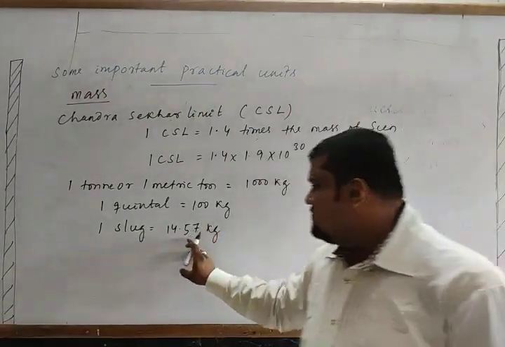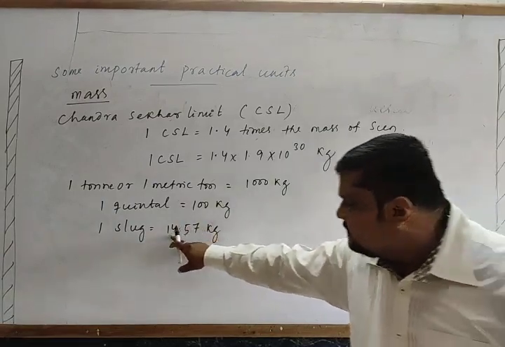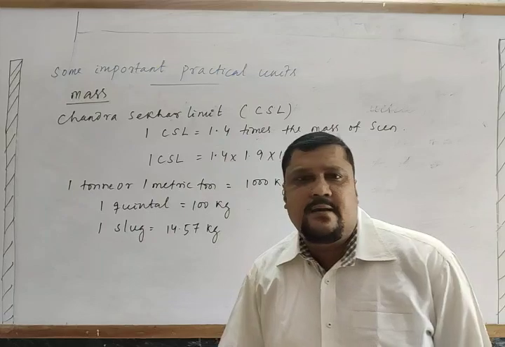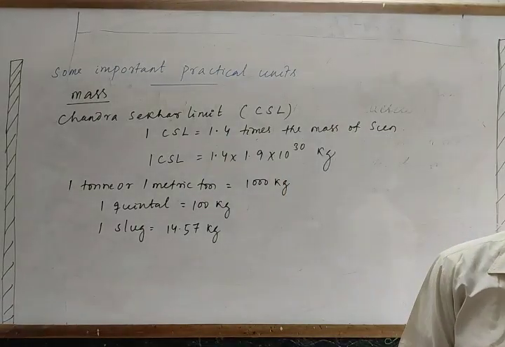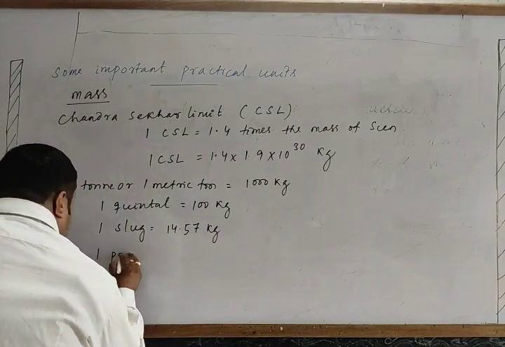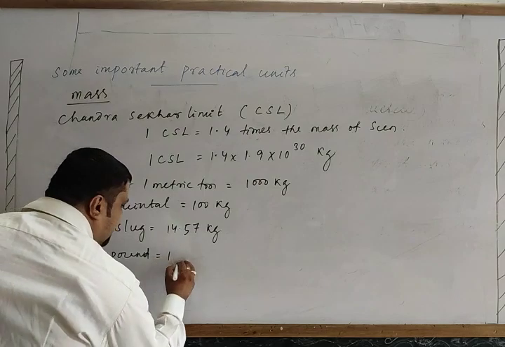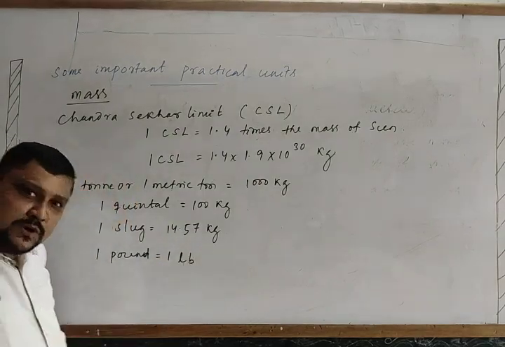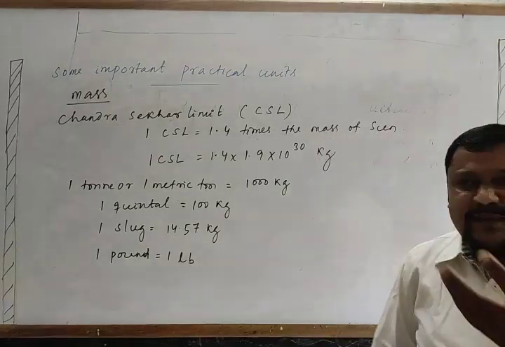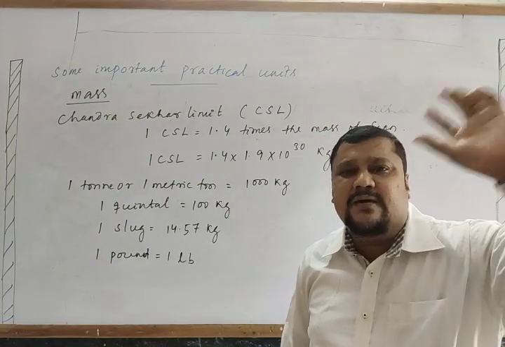A difference of 0.1 is allowed, so we can say 14.57. Some places you will find 14.59. Right? So 14.57 kg. Then pound. 1 pound, in short form LB. Nowadays in some measurements we find LB.